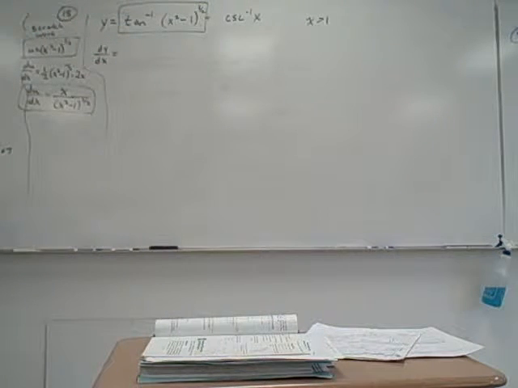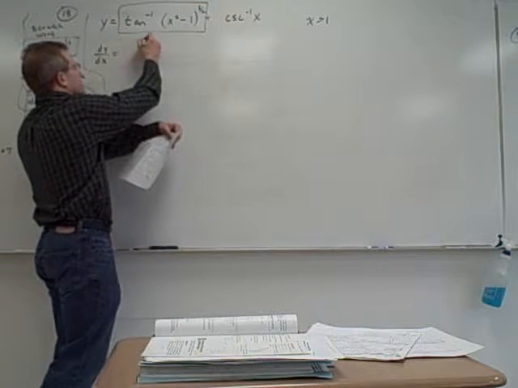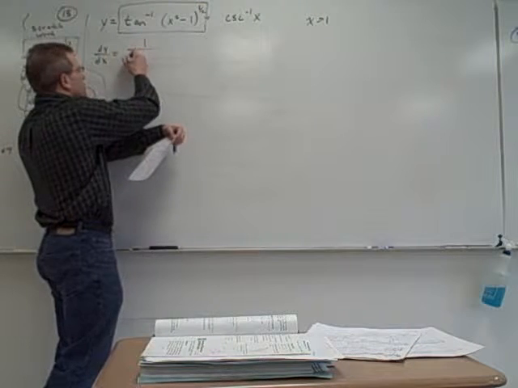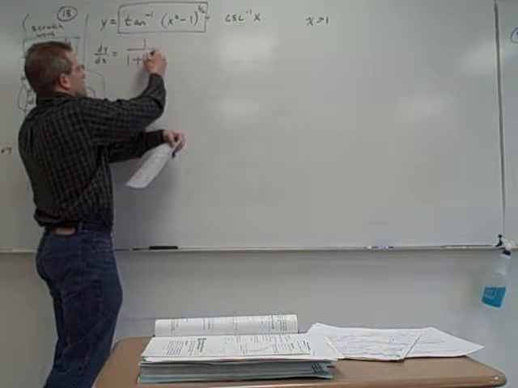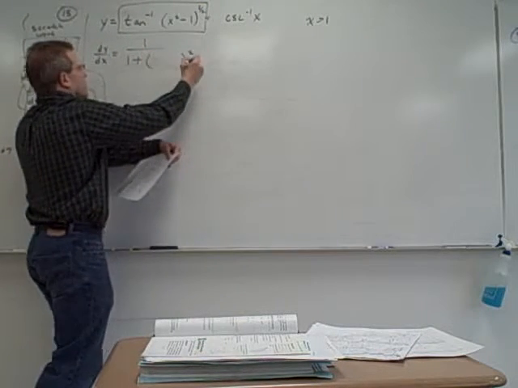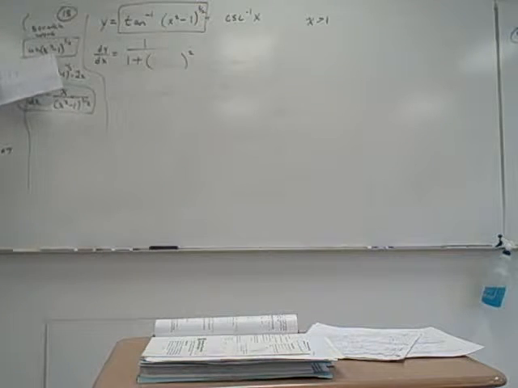Okay, the formula, I see it's formula B on your formula sheet. It says for inverse tangent, you do 1 over 1 plus u squared. U in this case is x squared minus 1 to the half.